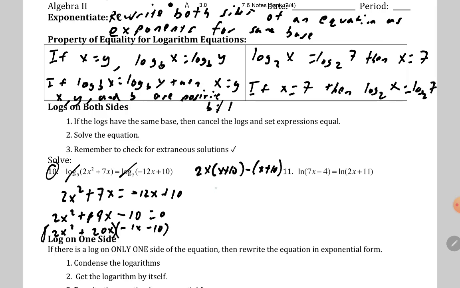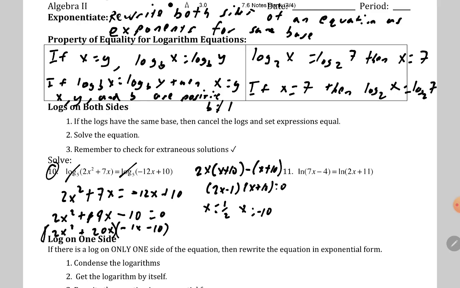So this will factor down to 2x minus 1 times x plus 10 equals 0. So x equals 1/2, or x equals negative 10.